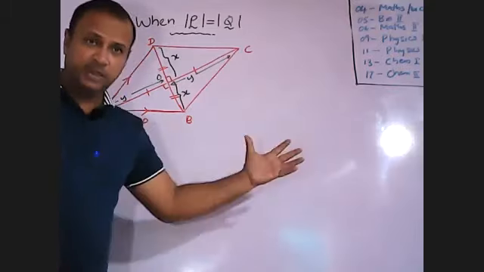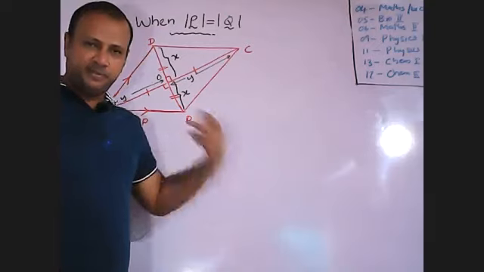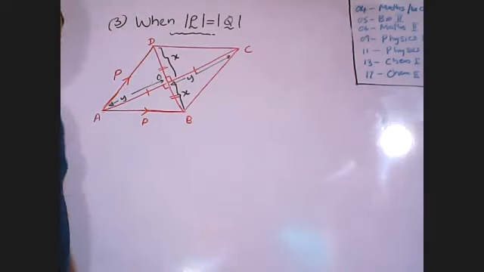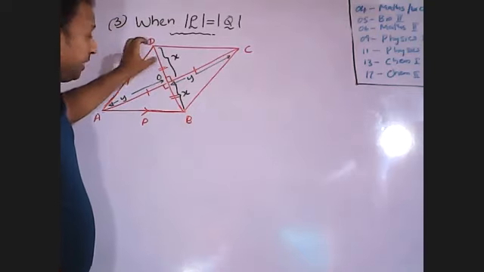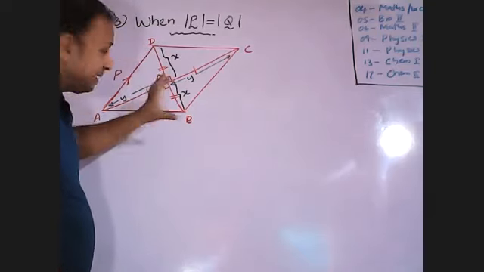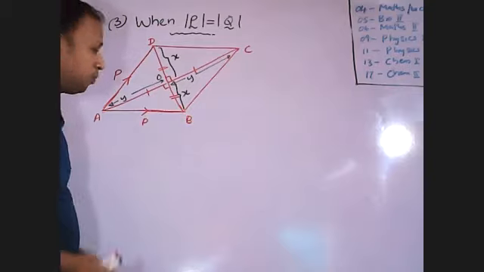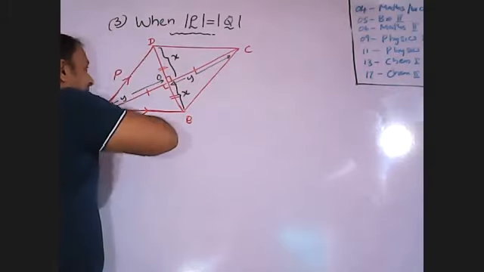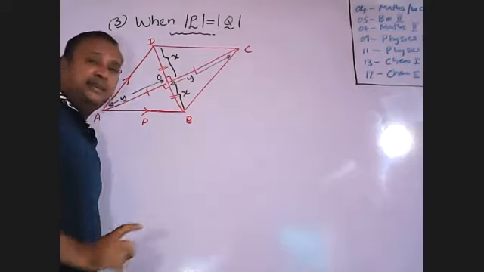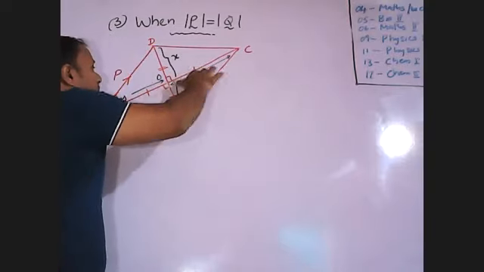Everyone listen to me very carefully. Everyone, I need your attention. Look at this. If I take this length as X, this one is X, this one is Y, this one also Y. That means the AC length is equal to 2Y, no?